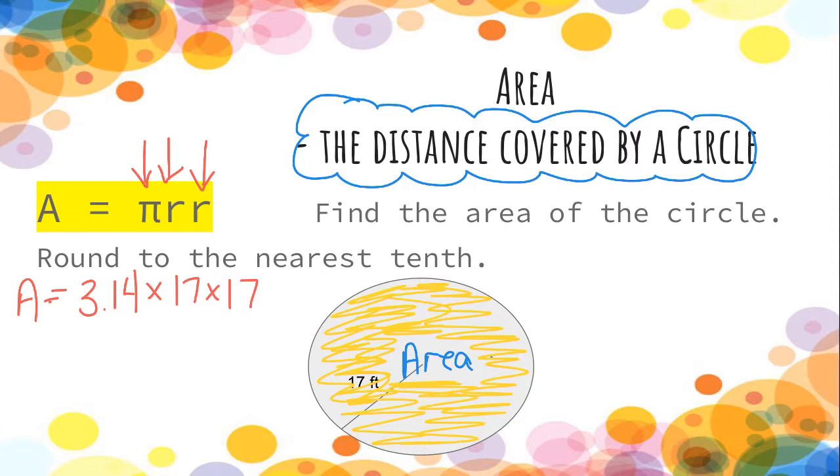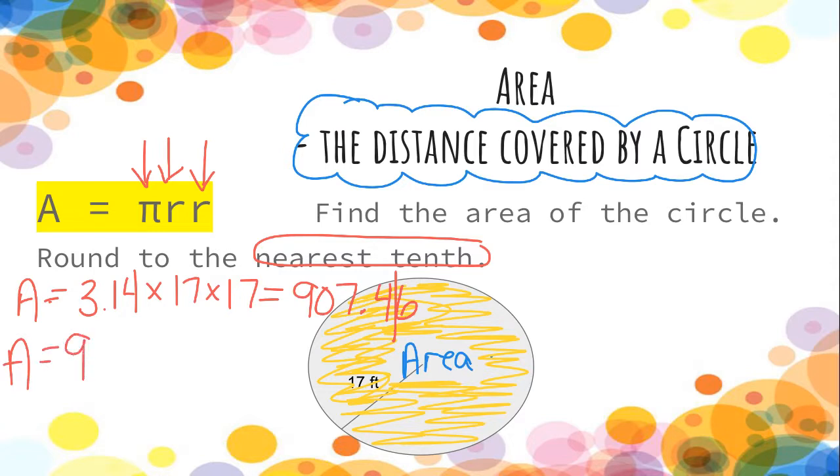So if you calculate that, you should get 907.46, which would be a nice answer if I hadn't asked you to round. So what do you think the answer is going to be? I'm looking for 907.5. In this case, my label is squared.